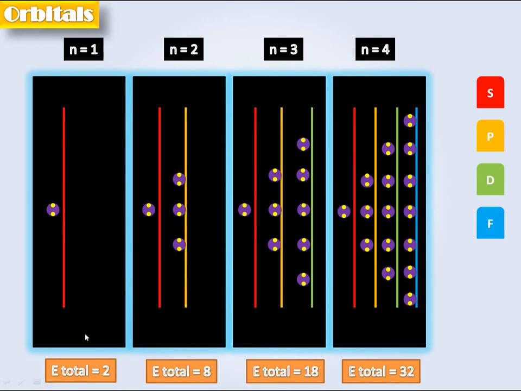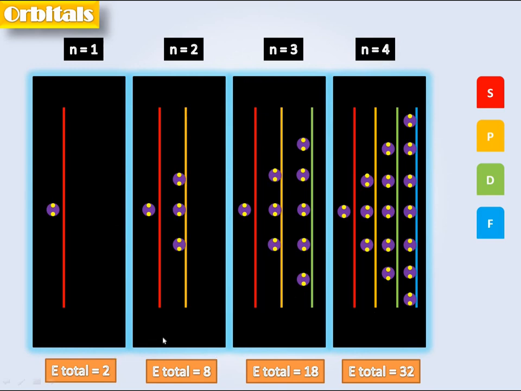Remember when I said we will get to why they have those numbers, 2n squared? It's equal to 2 for n equal to 1, 8 for n equal to 2, 18 for n equal to 3, and 32 for n equal to 4. Remember when I told you we're going to find out in the orbitals?